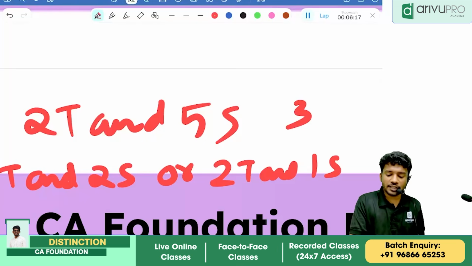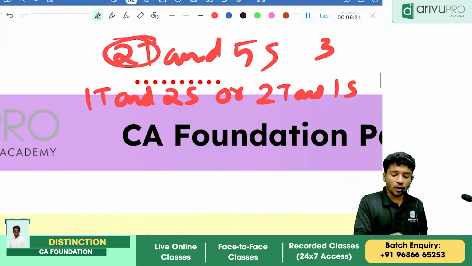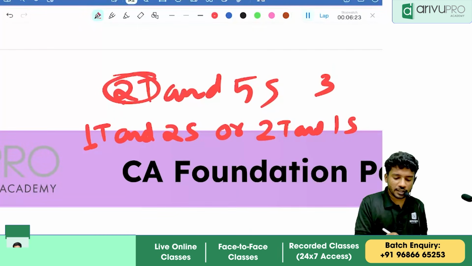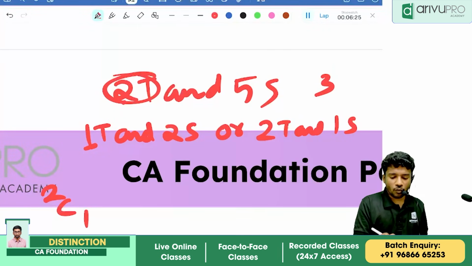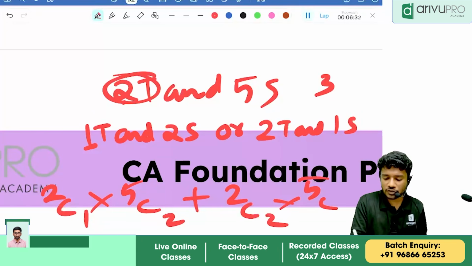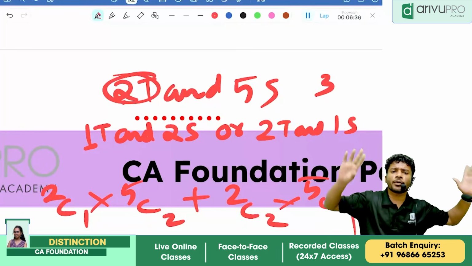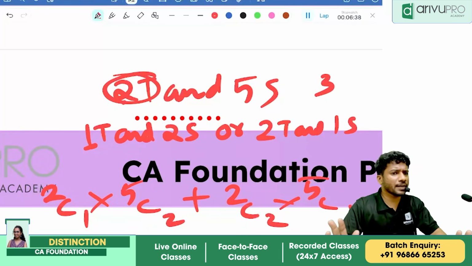Any other possibility? No. The maximum number of teachers is 2. So, 1 teacher can be chosen from 2 teachers in 2C1 ways and 5C2, or 2C2 and 5C1. This is the way, but we will discuss this more in probability. At that time you will have a better idea.